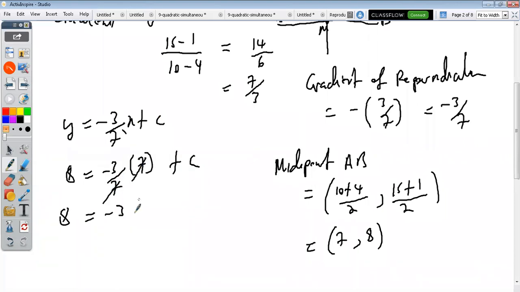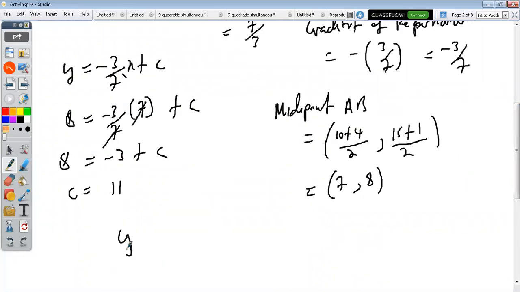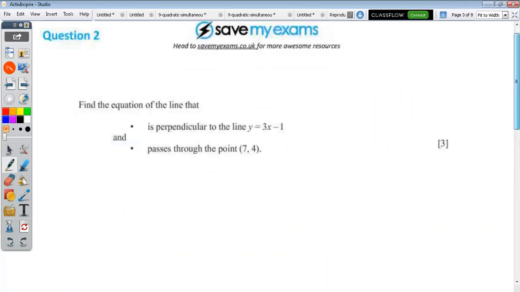Then you get minus 3 plus c, so c is equal to 11. Then write the full equation: y is equal to minus 3 over 7 x plus 11. Is that clear? Very clear, sir. We get the max, the 6 marks.